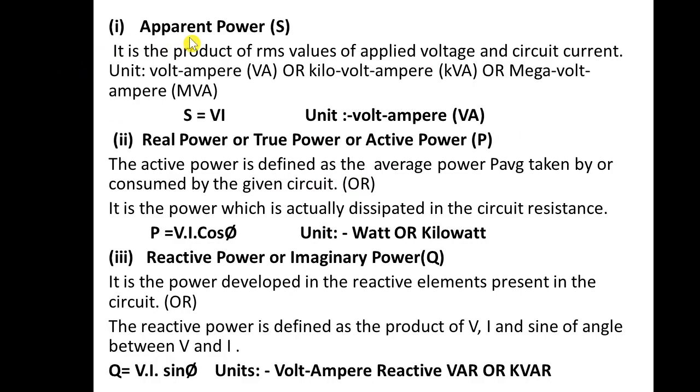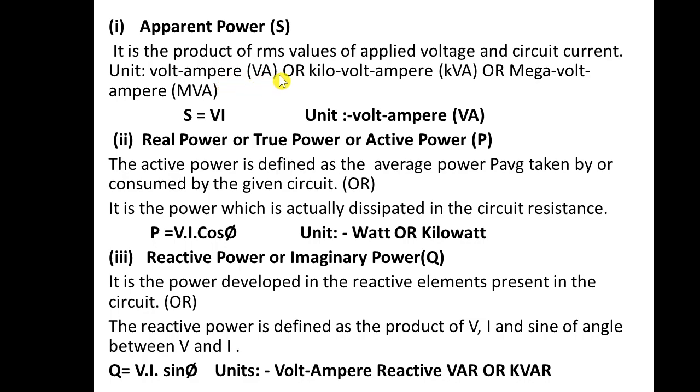First, apparent power. Apparent power is denoted by capital S, and it is the product of the RMS value of applied voltage and circuit current. So S is equal to V into I. And what is the unit for it? It is volt ampere.